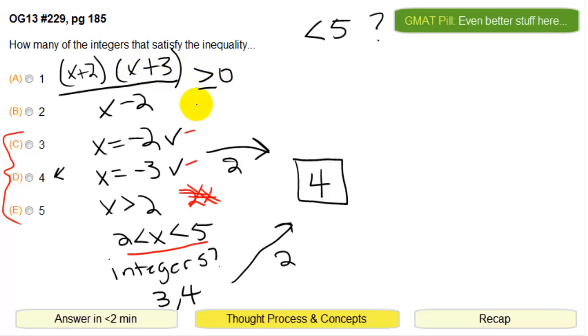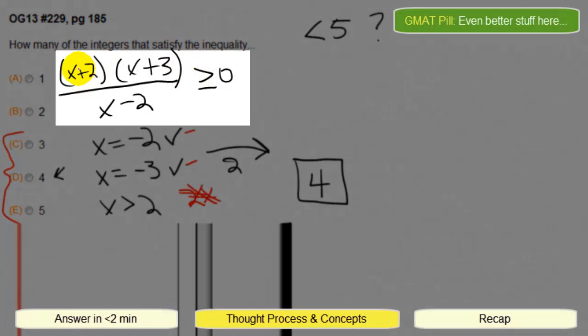And say you had minus 4. Well, that would give you a negative 2 times minus 1. Negative times negative gives you positive, but then you're dividing by minus 4 minus 2, which gives you negative 6. So you're dividing by a negative number, and that brings you below 0.